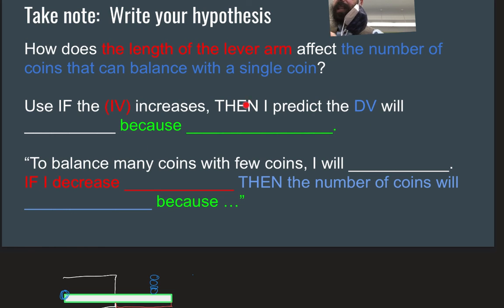And I'm going to use that data I collected on the simulator to explain. Because on the simulator, I saw that heavier objects were closer or farther away from the center. I could also say, to balance many coins with few coins, I will increase the distance or decrease the distance. And if I decrease the distance from the center, then finish that sentence. Take a minute now and write that hypothesis into your notebook.